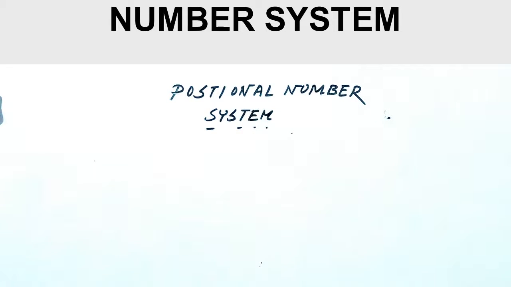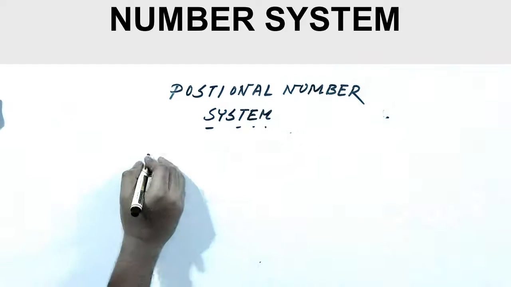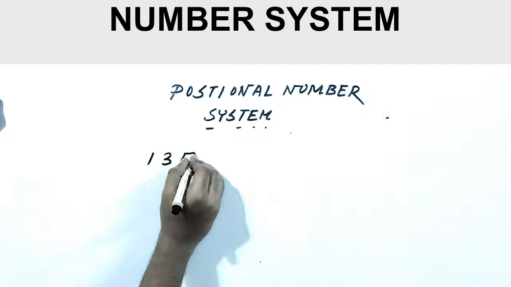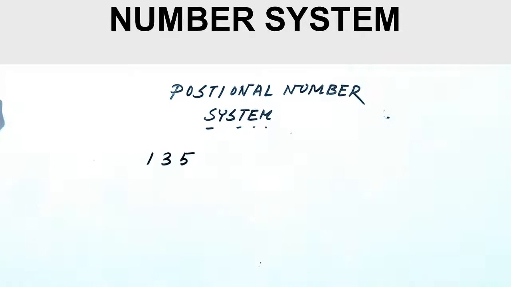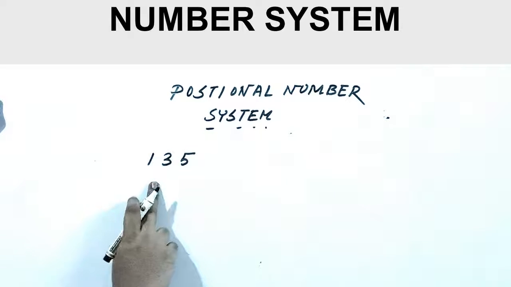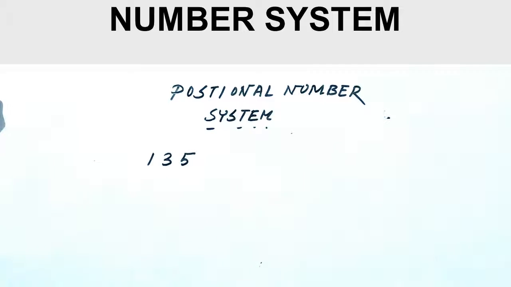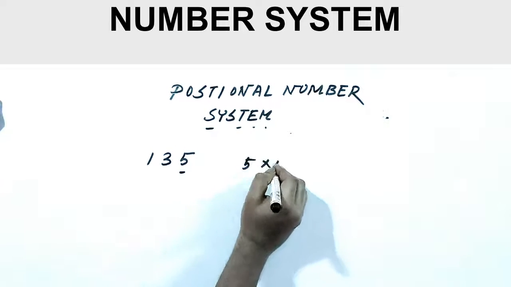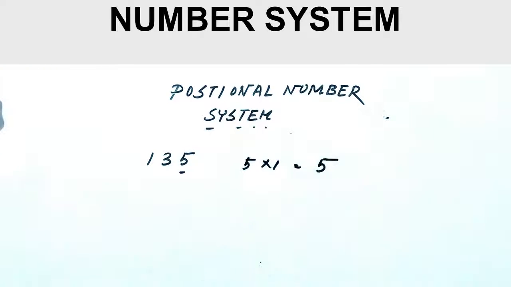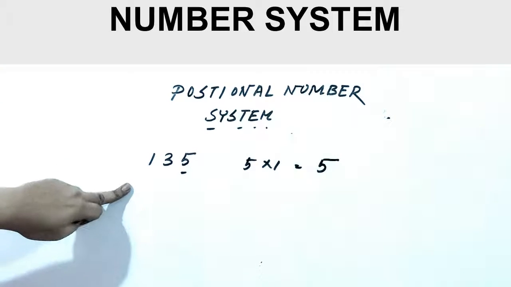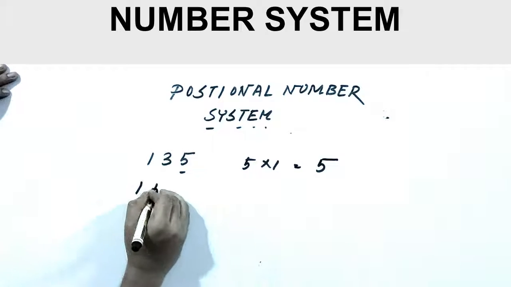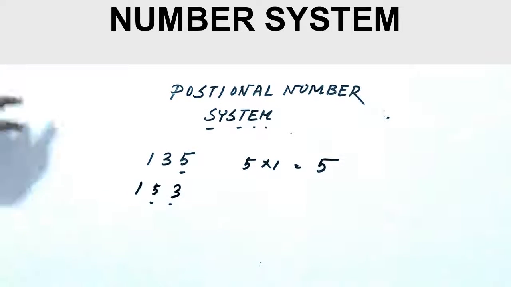Now in a positional number system, depending on the position, the weightage of the number varies. Now I will get into the details of what we mean by weightage. Suppose take the number 135. What is the value of 5 here? The value of 5 here is 5 into 1 equal to 5, right? Now if I write 153, what is the value of 5 here?